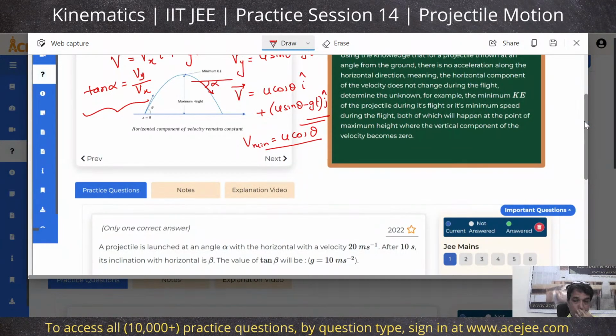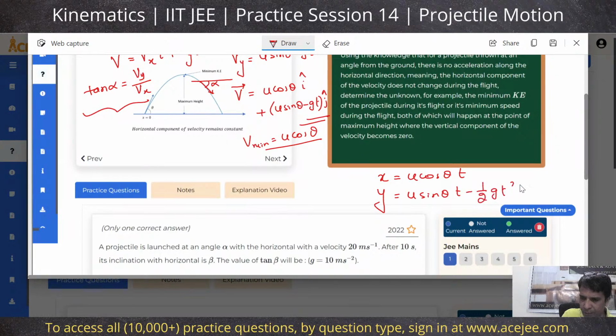So we have three equations, and we have to remove the time t. What we get is the equation of the trajectory. Correct, Namita? We'll use x equals u cos theta t, and y equals u sin theta t minus half g t squared. From this, t is x by u cos theta.